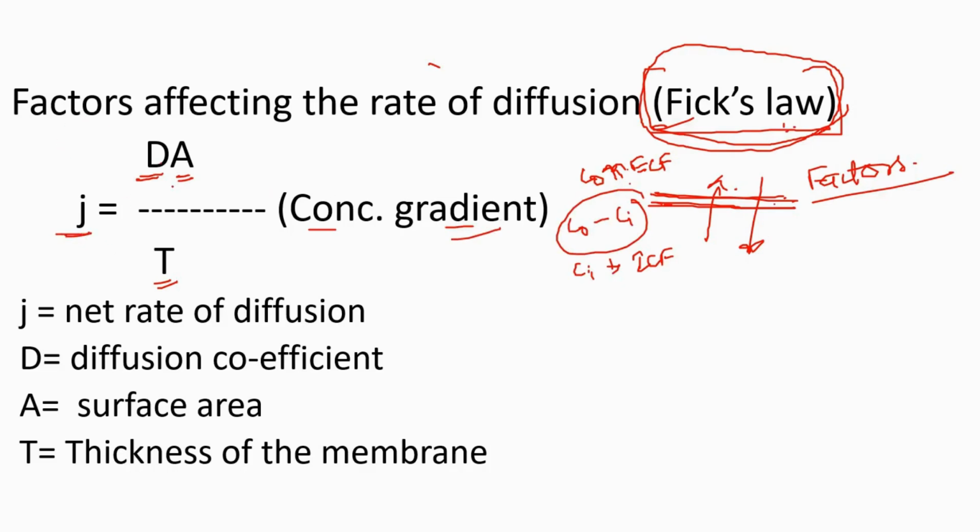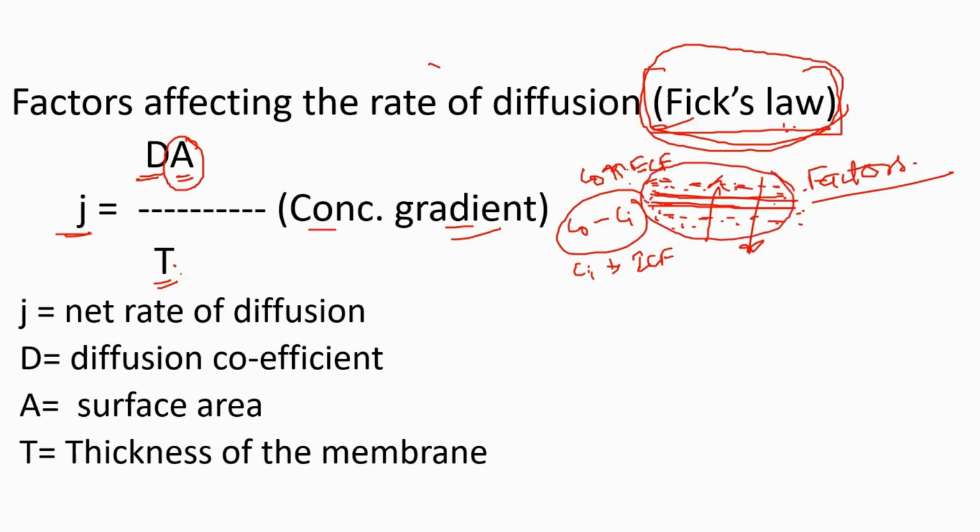Net rate of diffusion is directly proportional to the surface area of the membrane. The bigger the surface area to move the substance, the more diffusion there will be. Thickness: the greater the thickness of the membrane, suppose if there is any inflammation happening across a membrane, and because of that inflammation some fluid is gathered here and swelling of the membrane happens and some damage happens, so this is increasing its thickness.